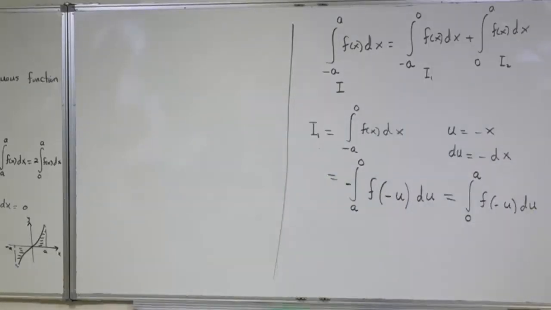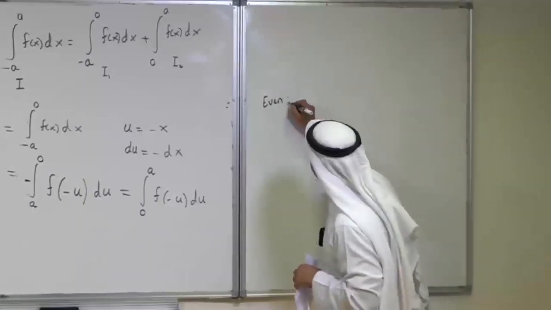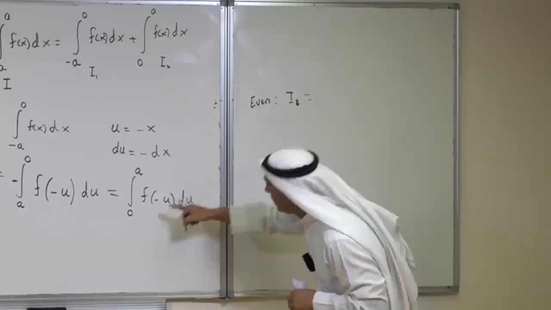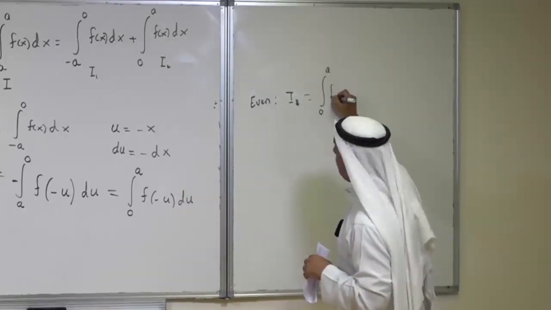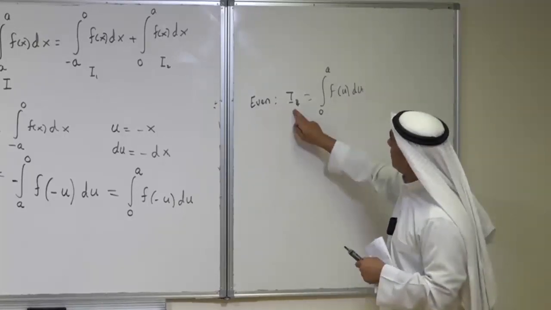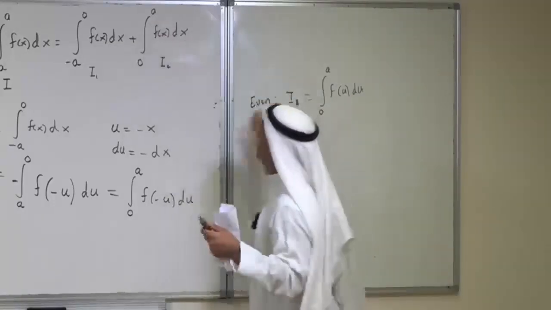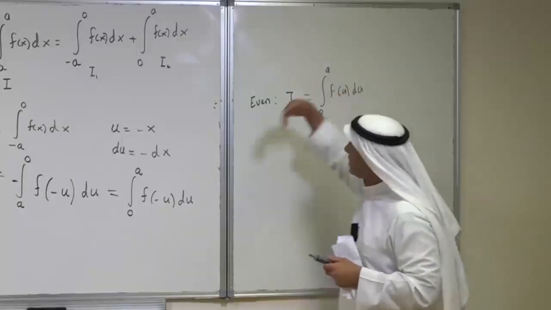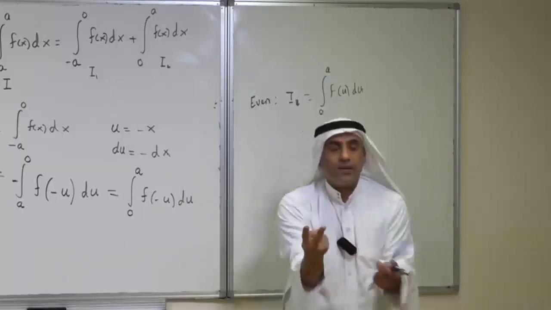If it is even, then I1, which is this one, will be equal to the integral from 0 to a of f of u du. I2 is the integral from 0 to a of f of x dx. They have the same quantity. So 0 to a of f of u du plus 0 to a of f of x dx is twice the quantity.